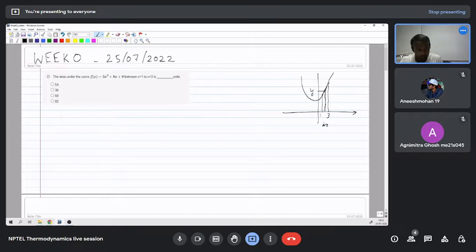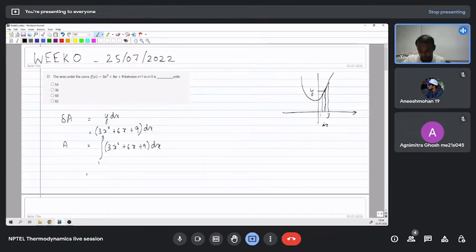So I say the differential area dA is y into dx, where y is given by 3x square plus 6x plus 9. Now if I want the entire area under the curve from x equal to 1 to 3, I integrate this expression 3x square plus 6x plus 9 into dx between 1 and 3.